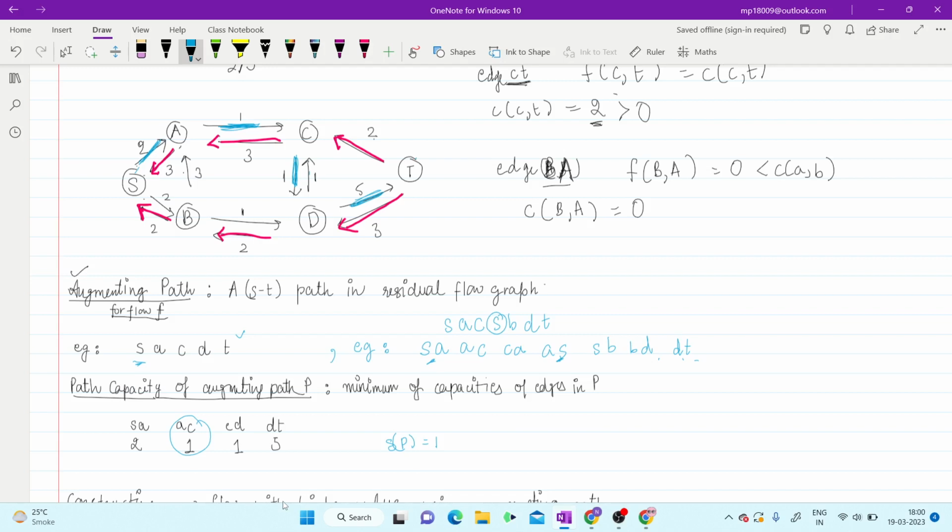But using this you can give me a path, right? Your example was partially correct. Another path is SB, BD, and DT.